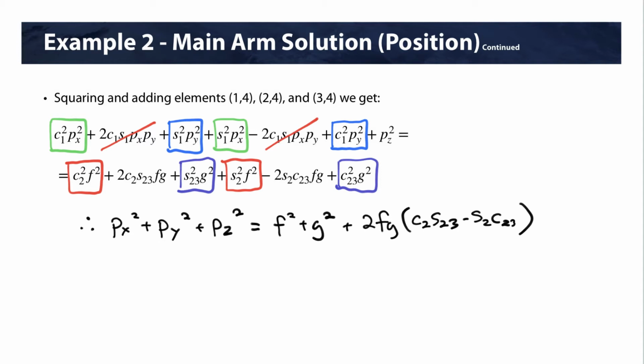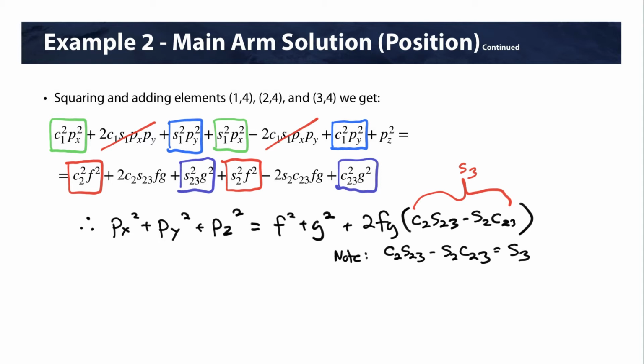So it's a lot nicer already. When you see something like this, you can use our trig identities. Note that c2 s23 minus s2 c23 simplifies down to s3. So this term here is just s3, and that's great because now we have an equation simply in terms of s3.